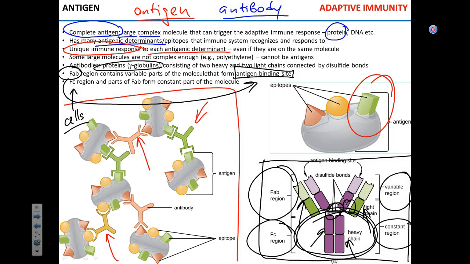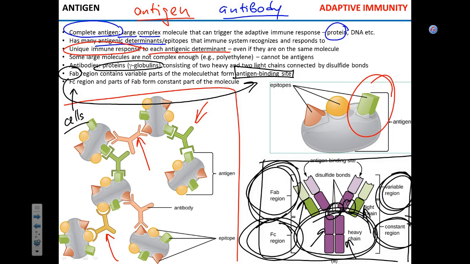Now, can you tell me why the FAB region is variable and the FC region is basically constant? This is not an easy question, but you have to think about what the functions of these regions are.